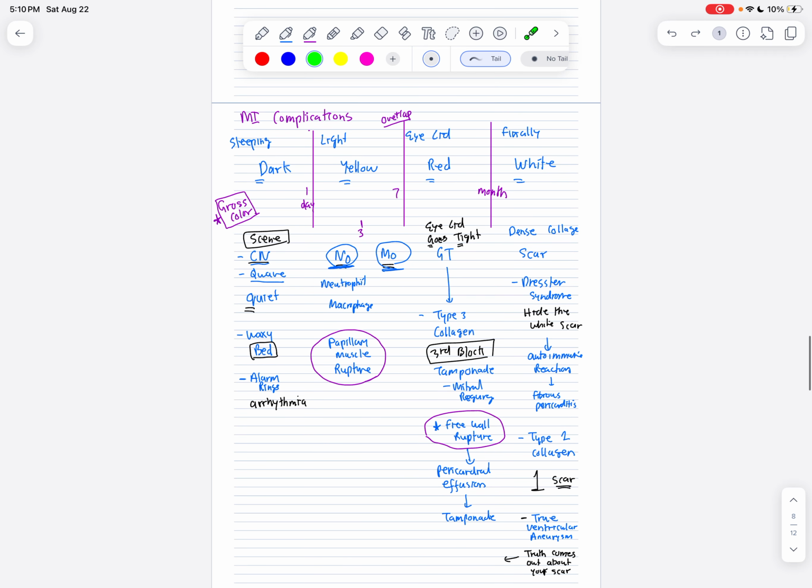And basically, the exam is not going to trick you. They will space out the time so far that you would know, okay, this is going to be the answer, Dressler syndrome, unlike macrophages at that time.